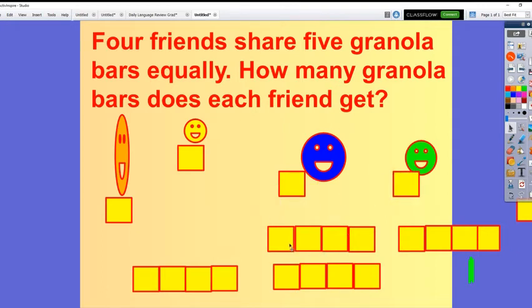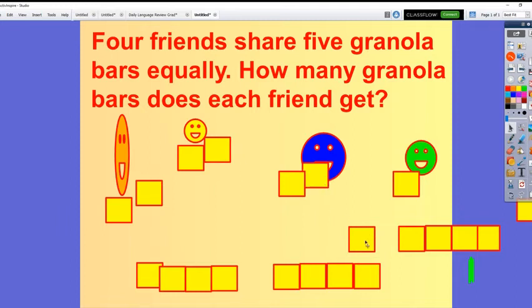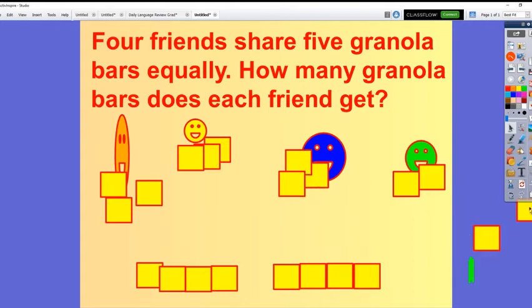There's still more fourths to give. Still more granola bars to give out. Still more.